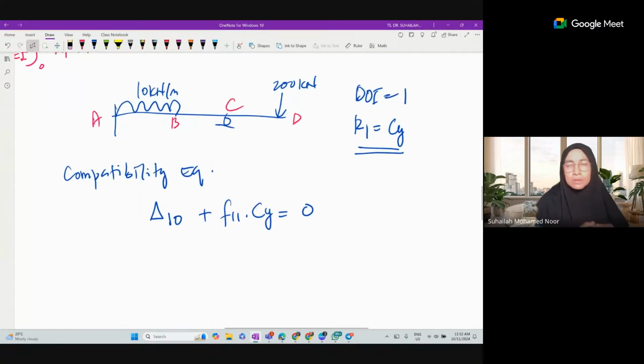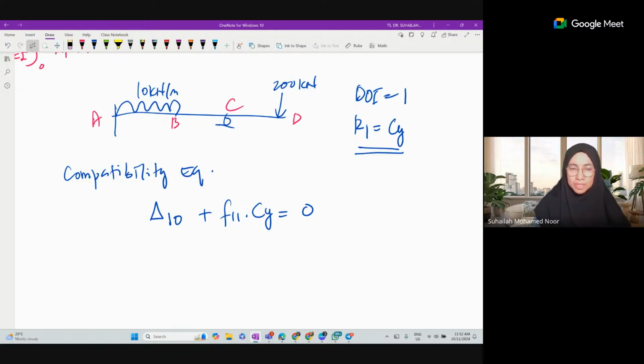Whenever we understand the redundant concept, say this is the beam, and there are 4 unknown reactions in the system, there will be 1 redundant. We choose the redundant, CY is the redundant, and by choosing CY as the redundant, straight away we can write the compatibility equation, the general standard form.